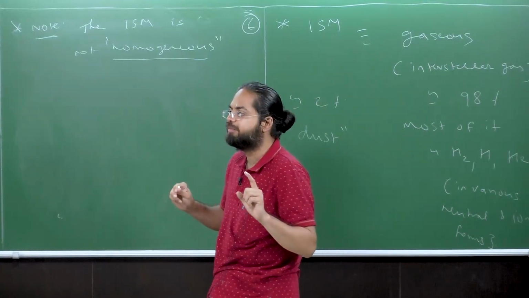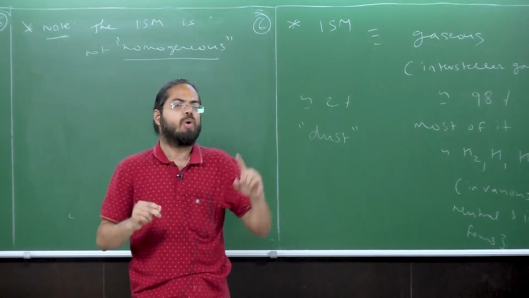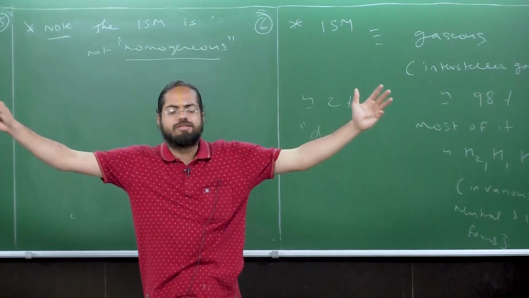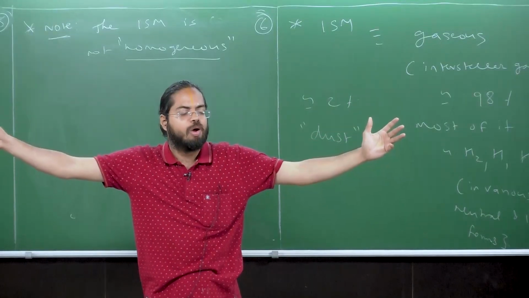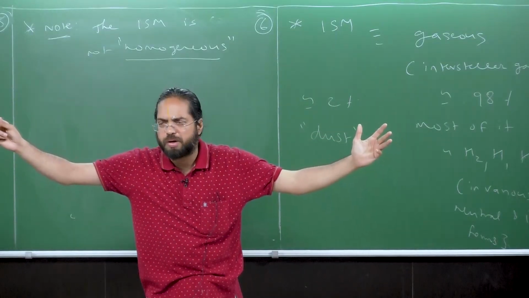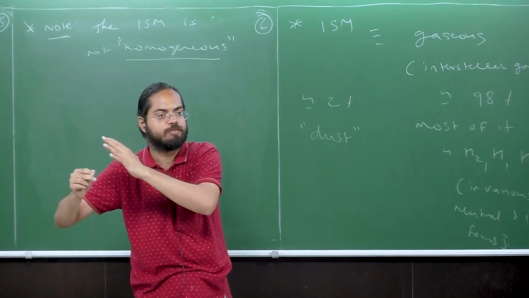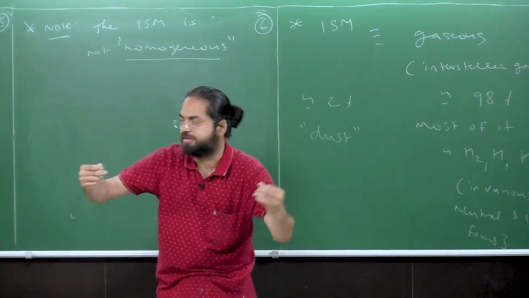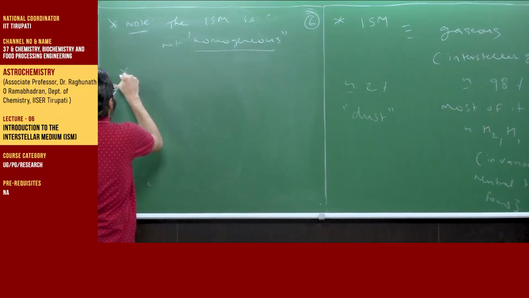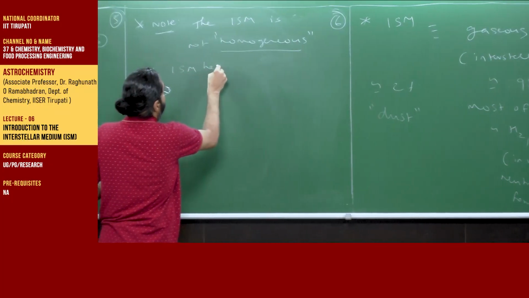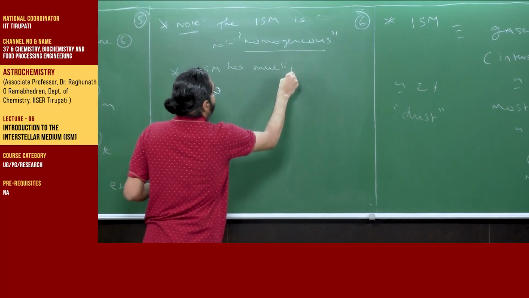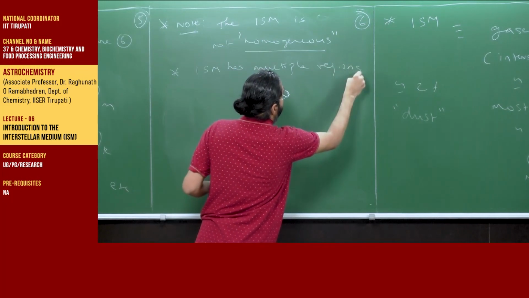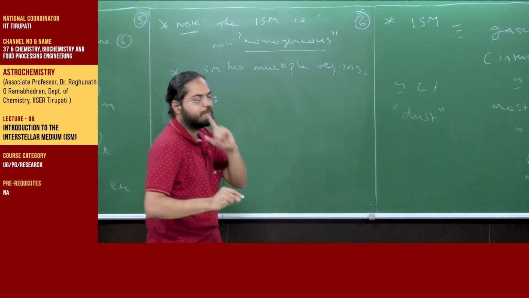The interstellar medium should not be thought of as one single entity, this vast space between stars. It's not a homogeneous medium at all. All right, so please note that it is not one single region, it has multiple regions.